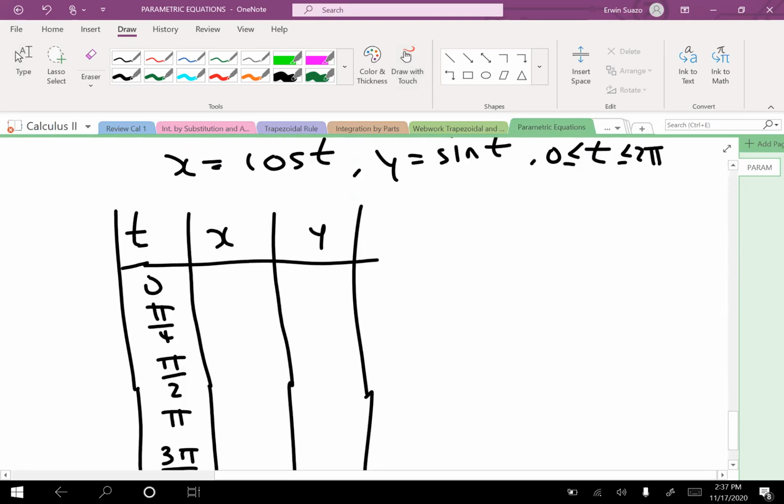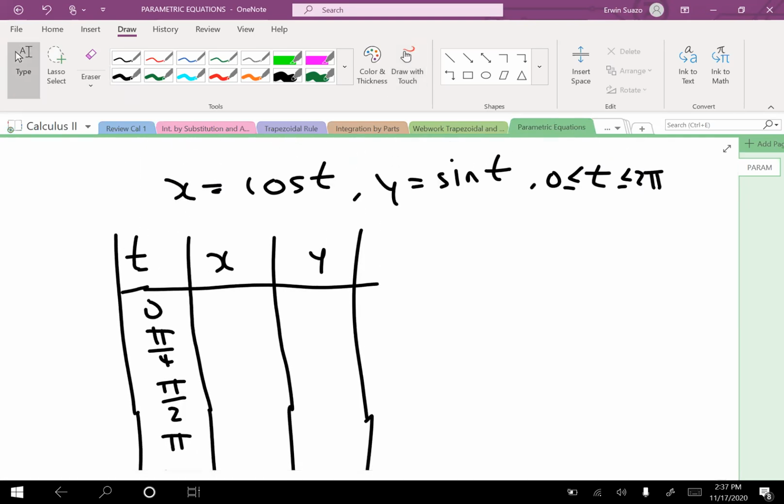Okay. So when it's 0, what is cosine of 0? 1. And sine of 0? 0. Cosine of pi fourths?